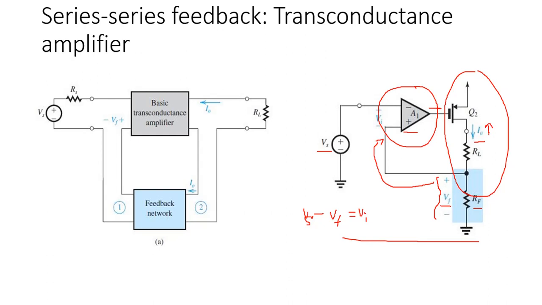This increase in output current I0 will result in a positive change in Vf, which is assumed to be of the same polarity as that of Vs. So here we can see the change in input voltage will result in a change in the output current. So for this transconductance amplifier, the input signal is voltage and the output signal is current.